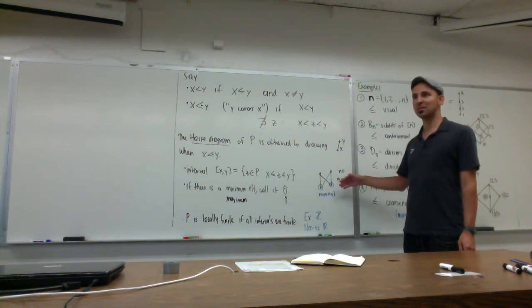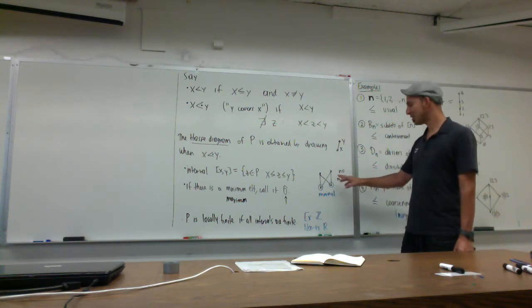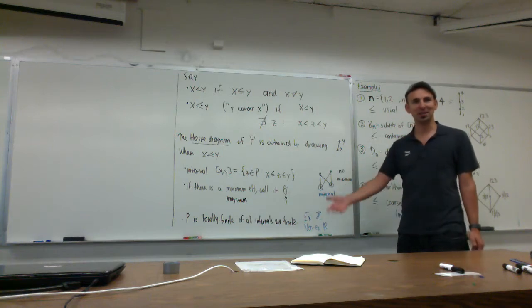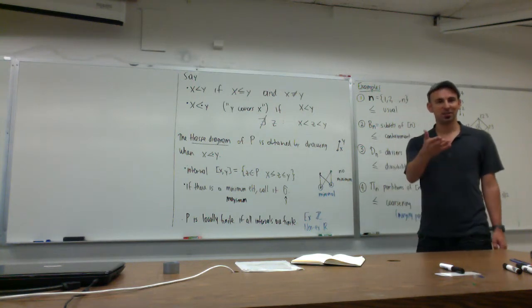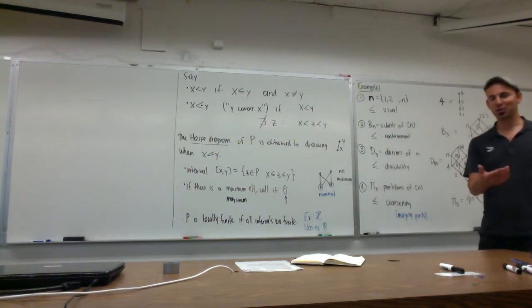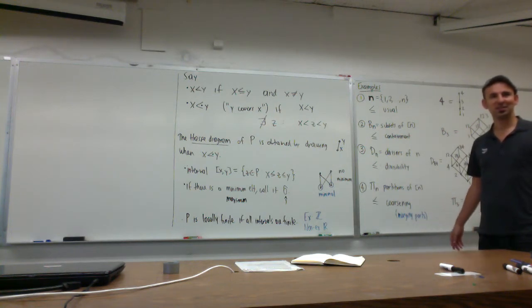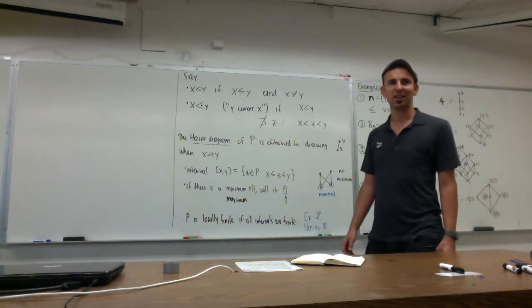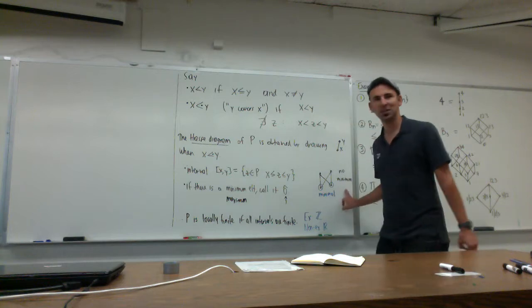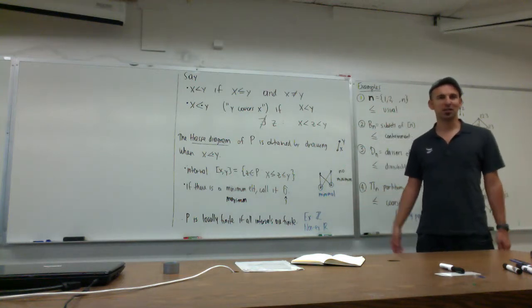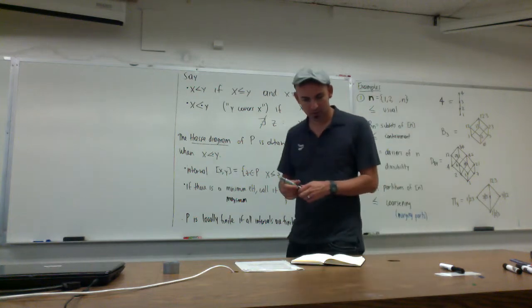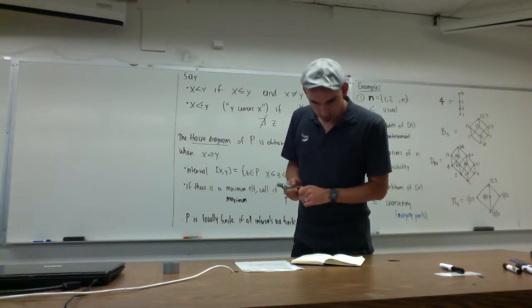This is an example of a poset with no minimum, but you're asking for a natural example that lives in a combinatorics context. So ordered partitions, for example. There's a natural order on ordered partitions, and that order doesn't have a minimum element. Lots of things actually. We'll see examples like that. Okay.